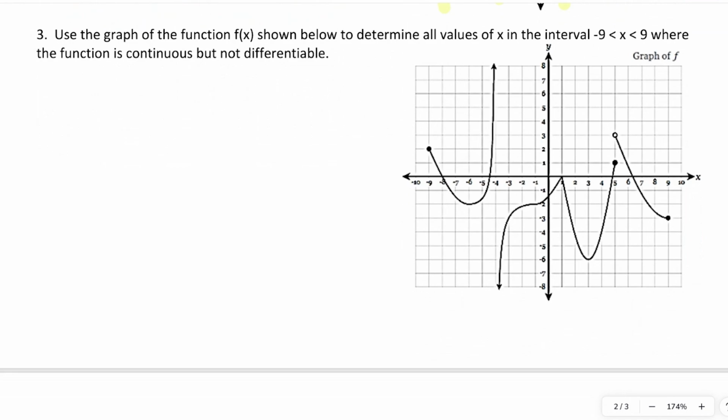So you're right, the only location where that's happening is at x equals 1. Okay, we have a sharp turn there. Any questions about that one? I think we'll be okay.